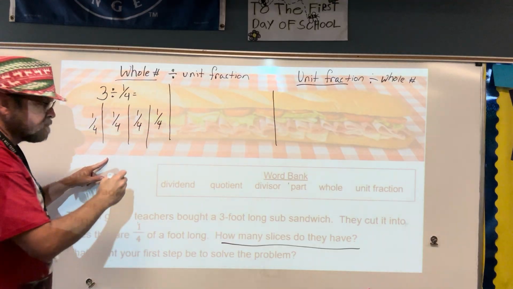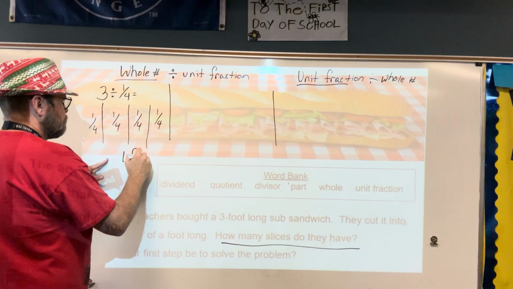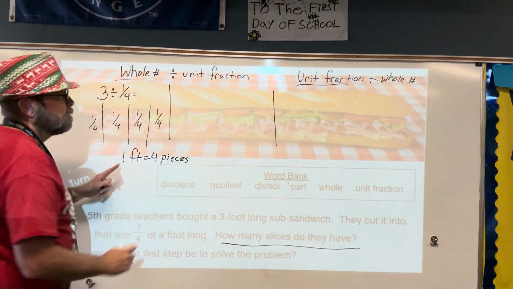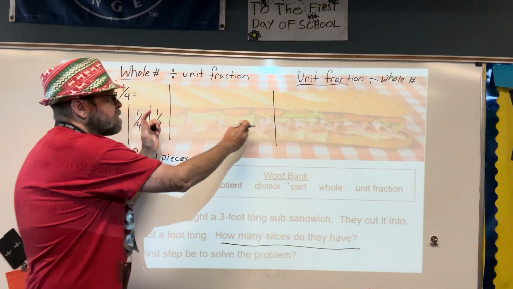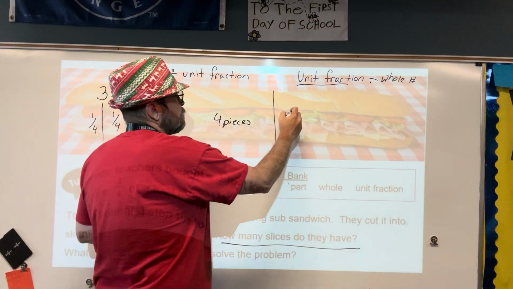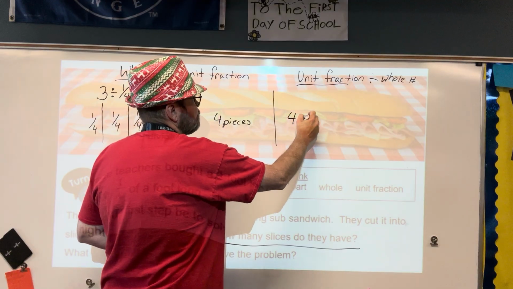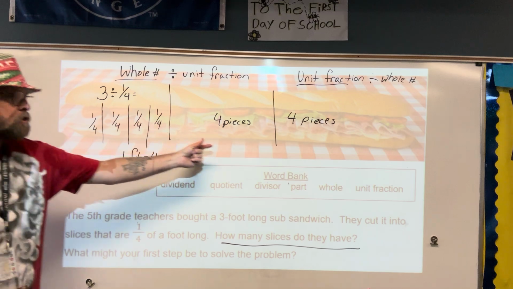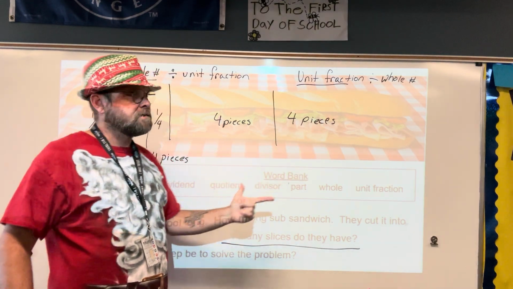So 1 foot has 4 pieces. The second foot also has 4 pieces, and the third foot also has 4 pieces. So each of these 3 feet has 4 pieces in it.